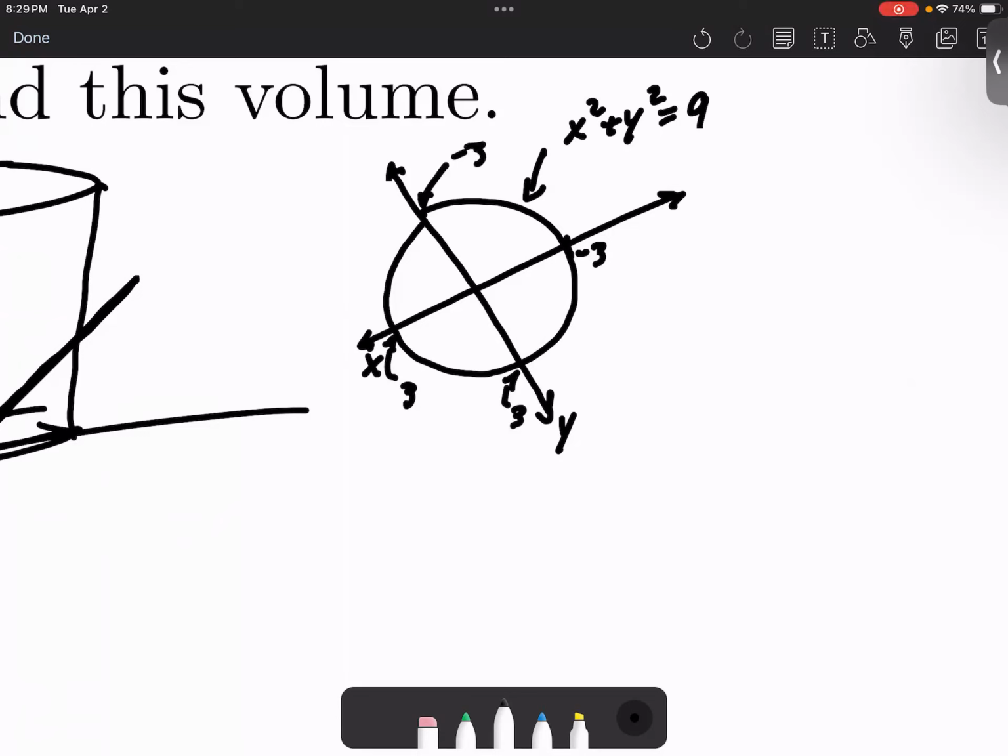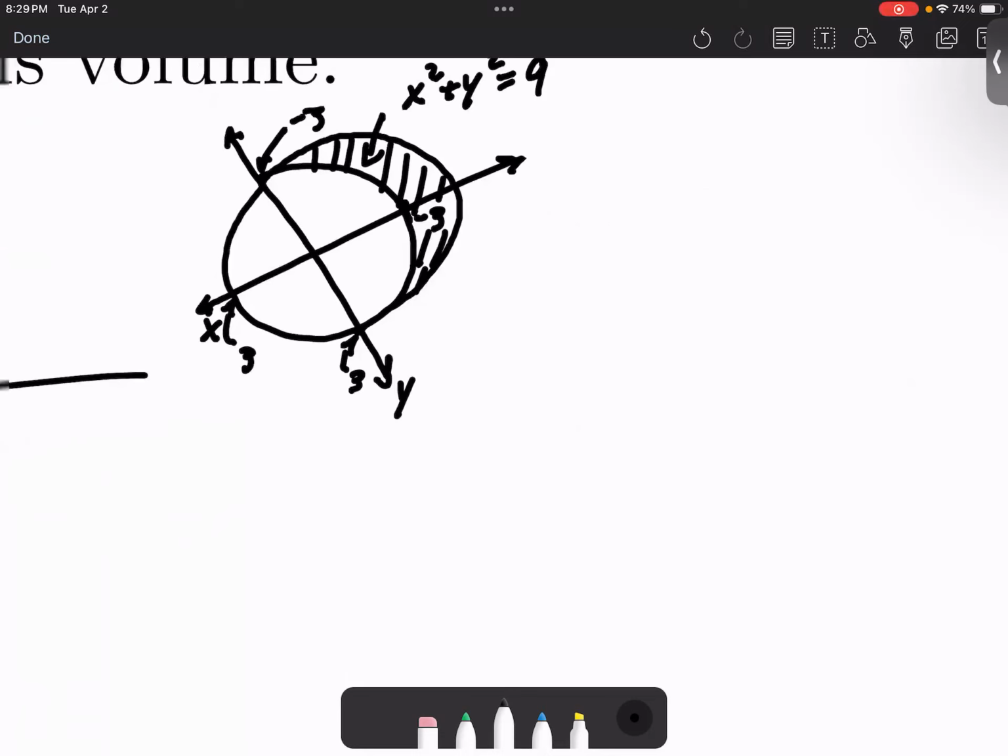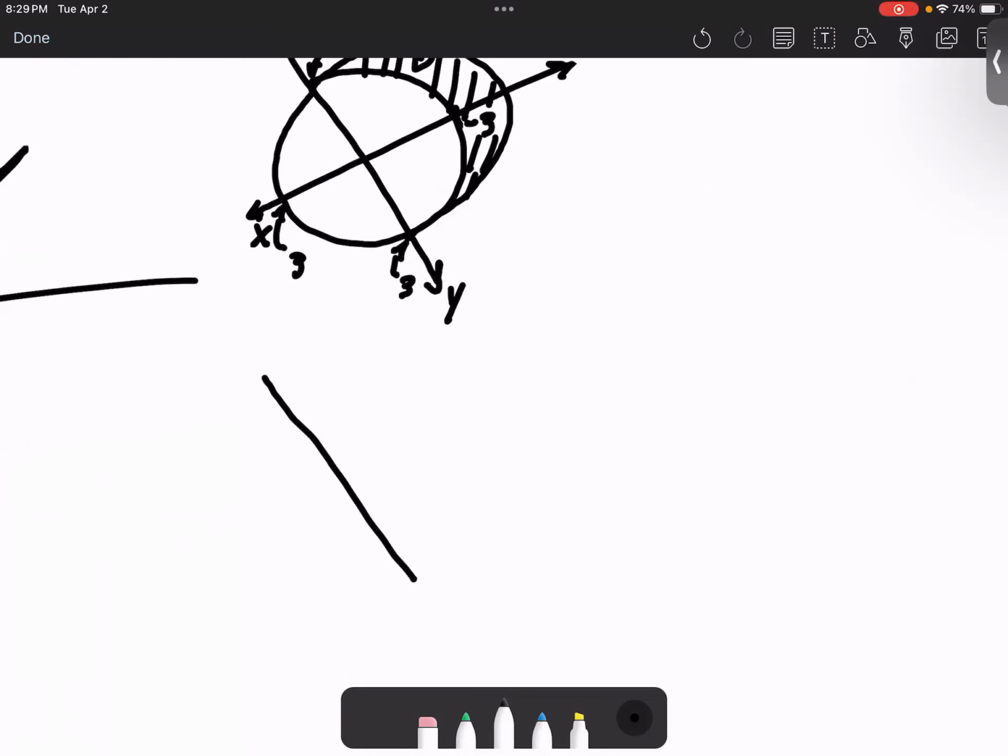What we did is we took a cylinder that's sitting on top of this and cut it at a 45-degree angle. So this is kind of like the back wall of it. Let me see if I can draw a better job of that. So here's that back wall.